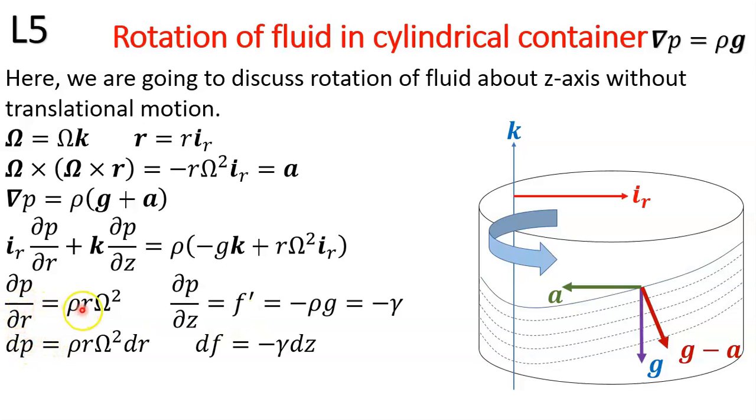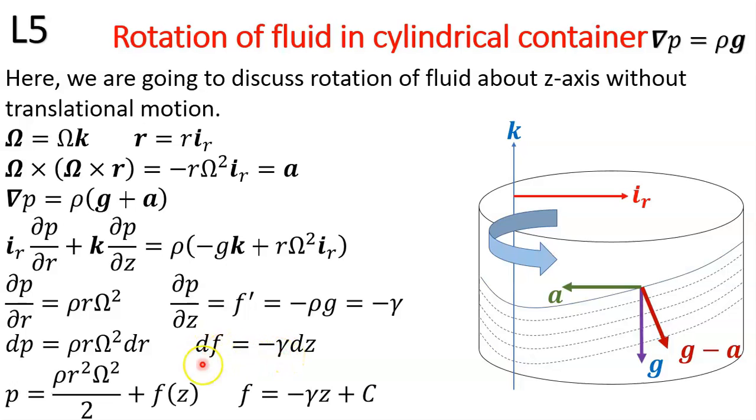Now, separating variables, we are trying to solve these two differential equations, and we can solve this using the method of separation of variables. On the left hand side we have dp, that is equal to rho r omega square into dr, and here this f dash we are writing as df by dz, and df is equal to minus gamma times dz. Now after integrating on both sides, we have integration dp is equal to p, and rho omega square is a constant quantity.